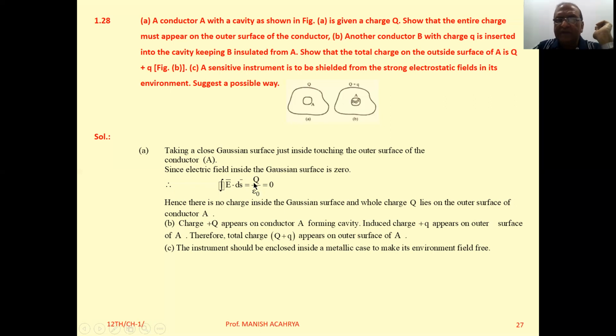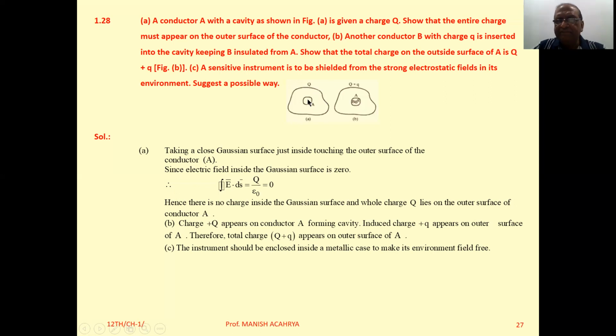The net charge enclosed by this Gaussian surface is 0. So when the net charge enclosed by the Gaussian surface is 0, the entire charge Q is outside the surface. So we can say that the entire charge placed on the conductor will be distributed on the surface of the conductor.